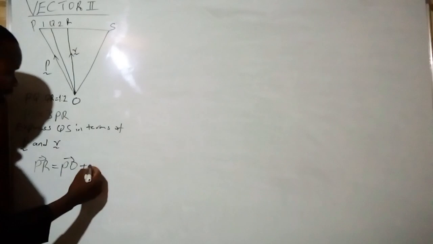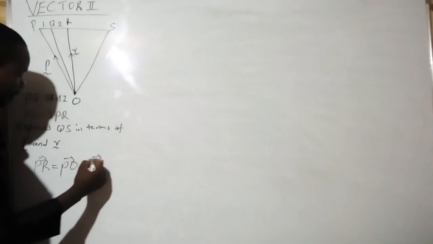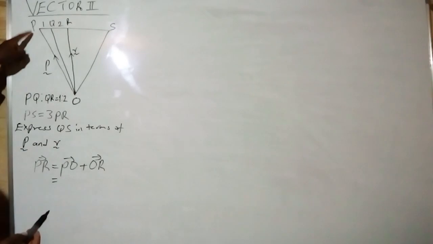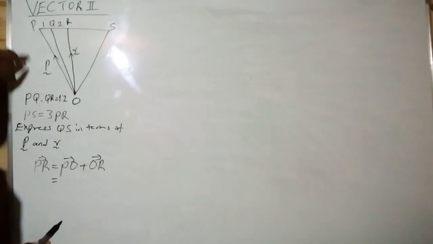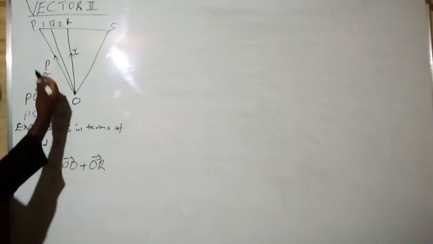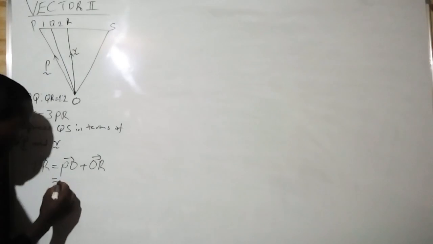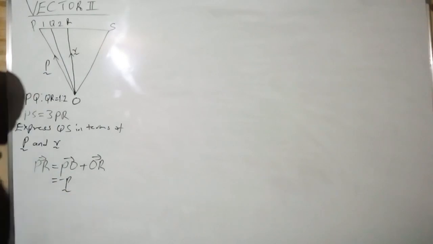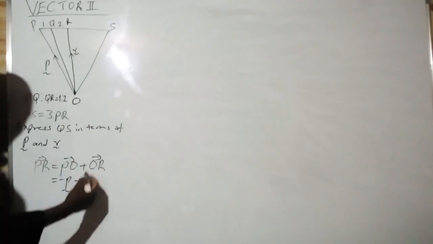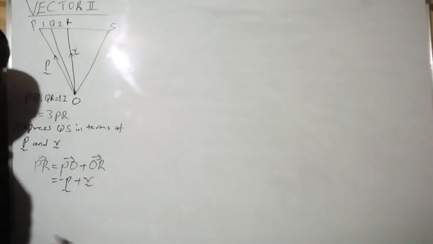And OP is positive vector P. The reverse of that, the sign will change from positive vector P to negative P. PO will be negative vector P plus OR will be vector R, and that is our PR.